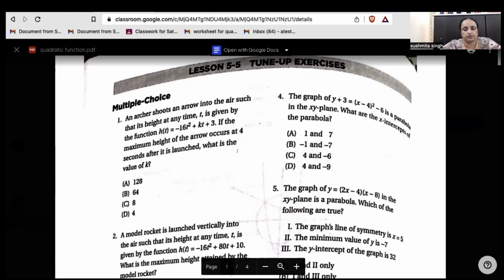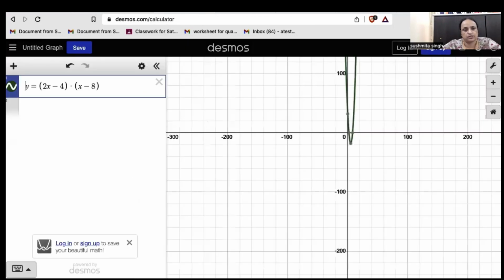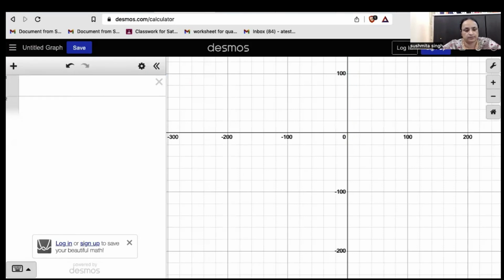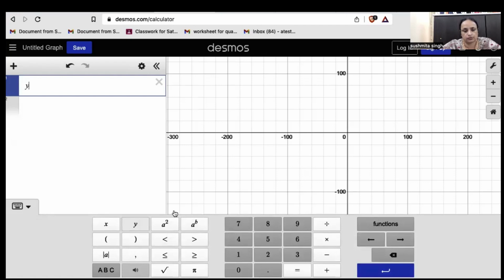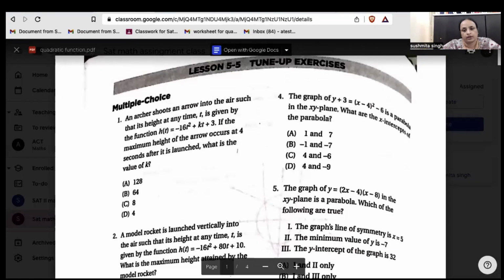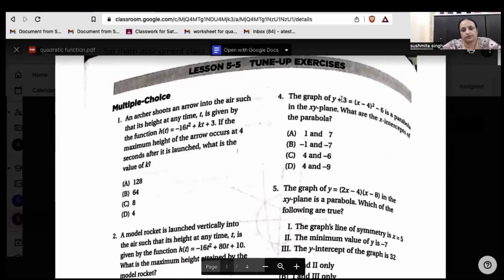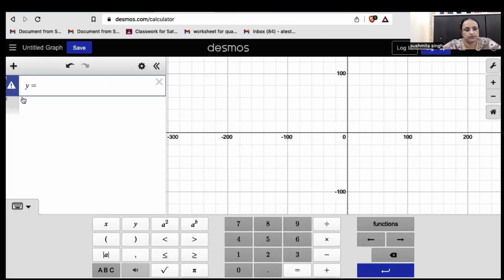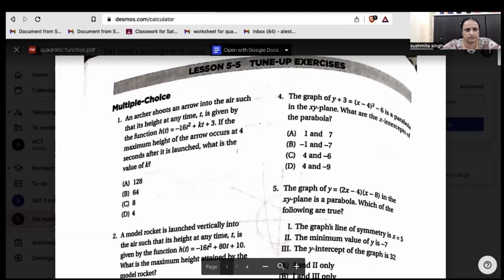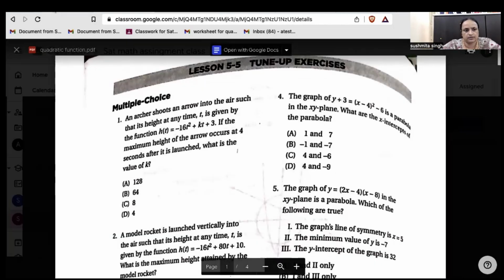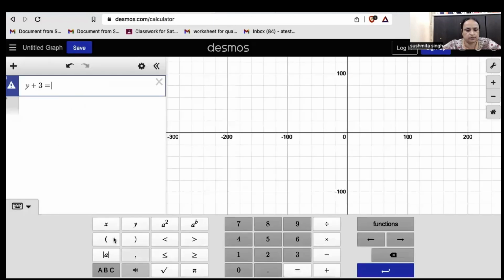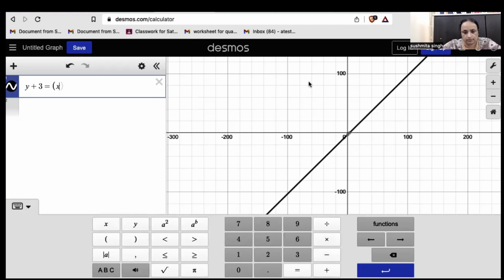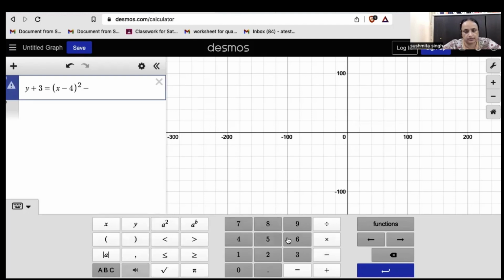We can simply plot it over here in Desmos. y equals, we can even write y plus 3, you don't even have to change it, (x minus 4) whole squared minus 6.